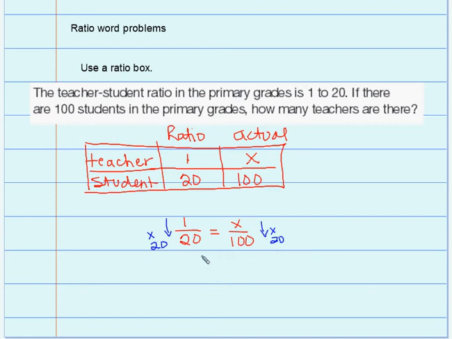Or you could say, I could multiply this times 5 to get 100, so I could do times 5 to get this number. Or you could do the cross products, 100 times 1, and then divide by 20. Either way, I hope that you can see that x has to equal 5, so there has to be 5 teachers.